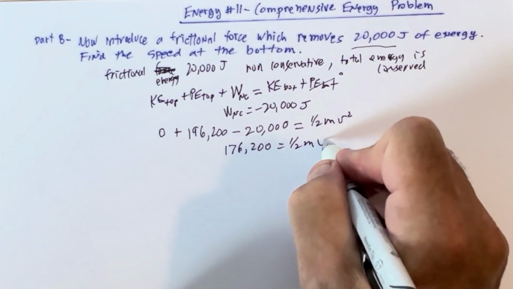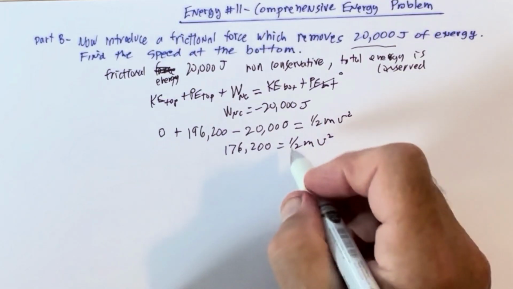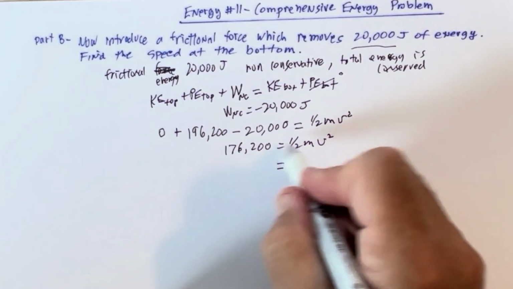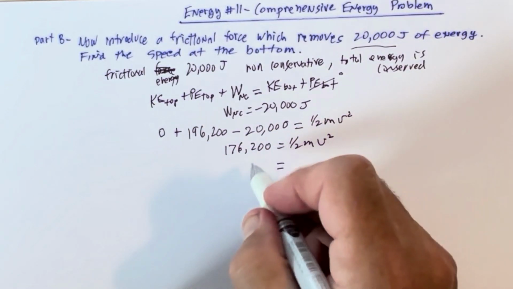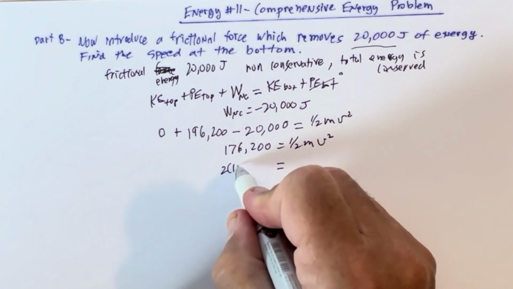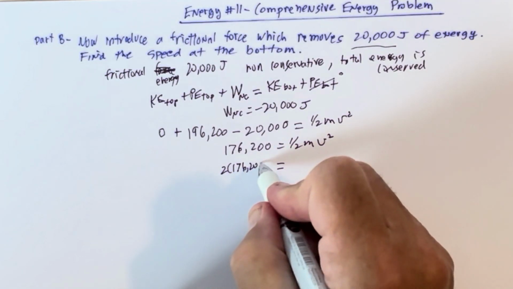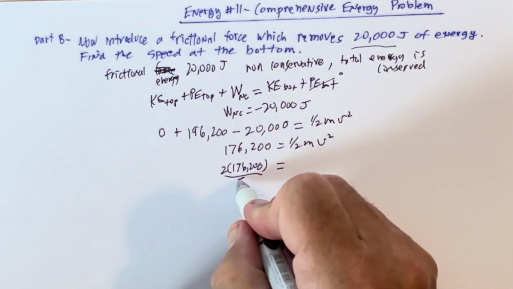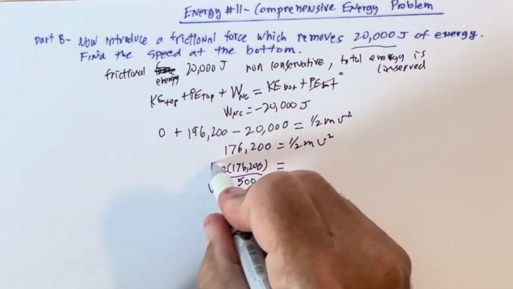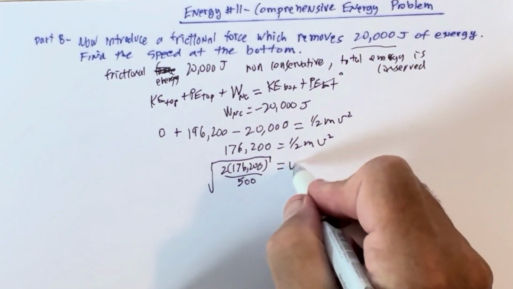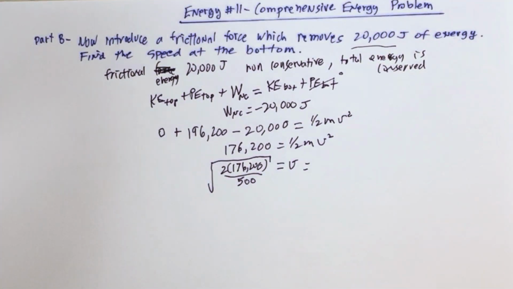That equals 1/2 m v squared. Now let's rearrange this equation. We'll take the 2 over the top and divide by m. So we've got the square root of 2 times 176,200 divided by 500. That's going to be our velocity. Let's do that math.